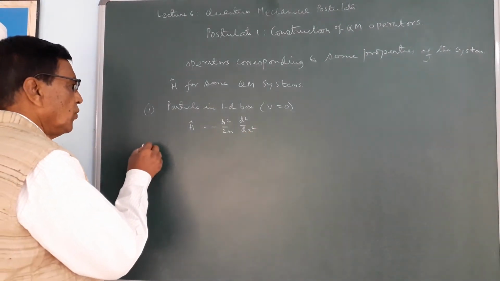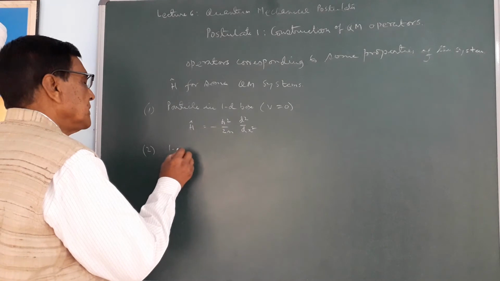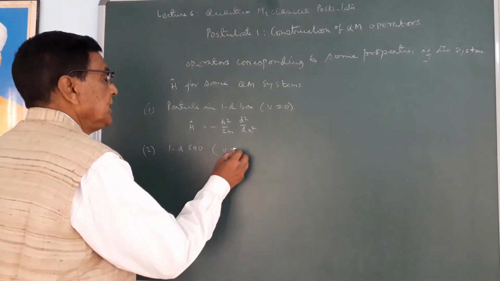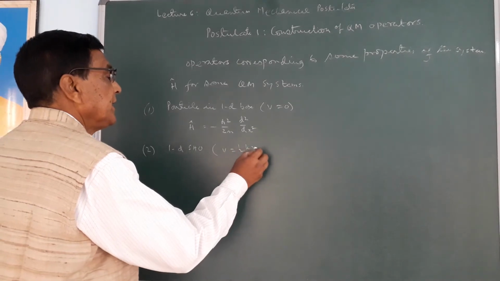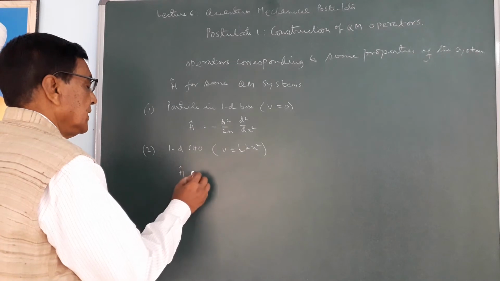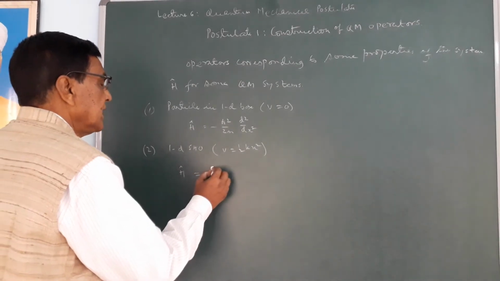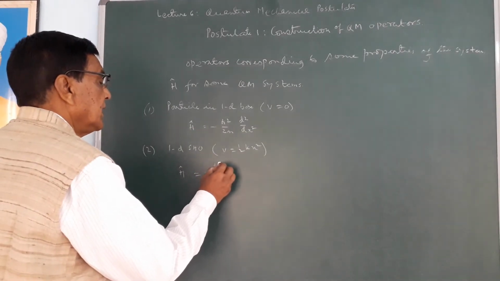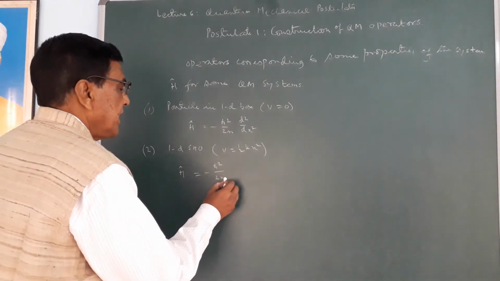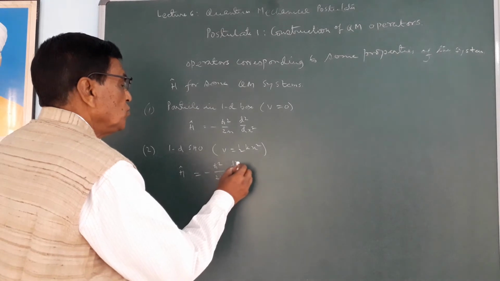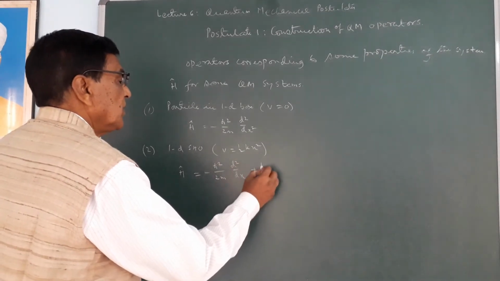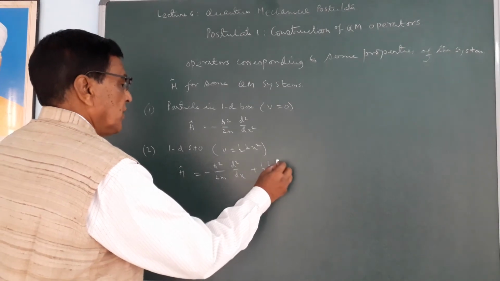The second one is the one-dimensional simple harmonic oscillator. Here V is equal to half k x square, and in this case H cap is equal to the kinetic energy operator, minus h cross square divided by twice m, d2 by dx square, plus the potential energy, half k x square.